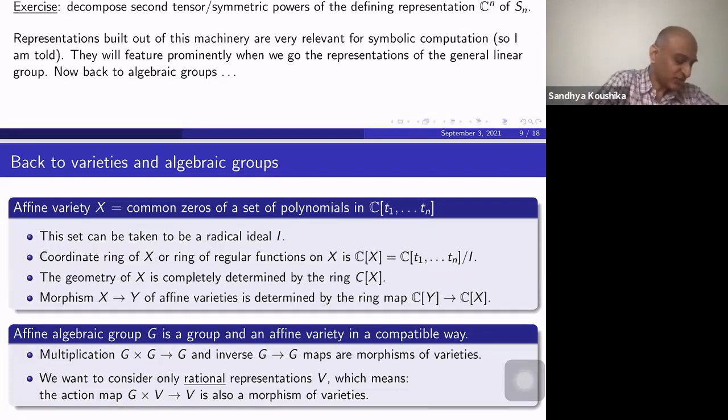So remember, G was an affine variety, and V is a vector space. So it certainly is an affine variety. It's just the usual affine space. So both sides of this map are affine varieties, and for a linear representation, we require this to be a morphism of varieties.